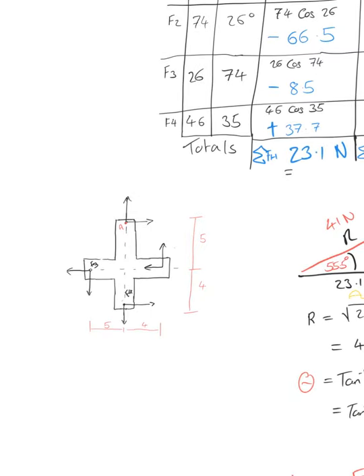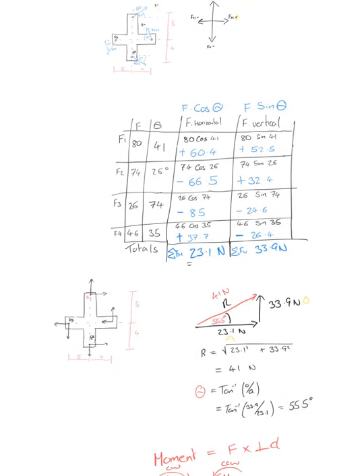Okay, so I'm going to pause my video here. All I'm doing is taking my force horizontal and my force vertical components and putting them onto this diagram. So for example, force horizontal of F1 is 60.4 newtons, force vertical of F1 is 52.5 newtons.